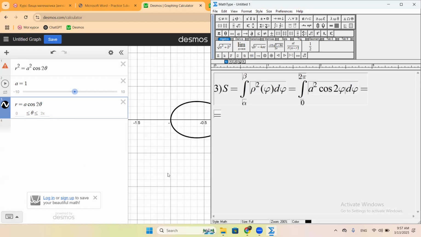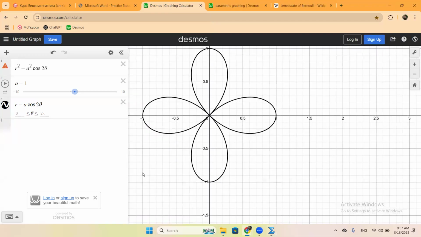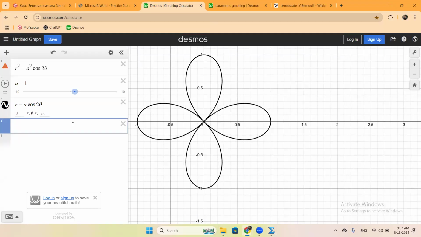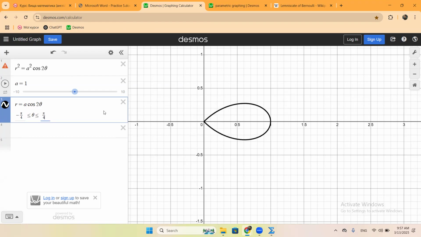So actually, how to calculate it. For example, from minus p over 4 to p over 4. We need to choose the bounds of integration correctly.